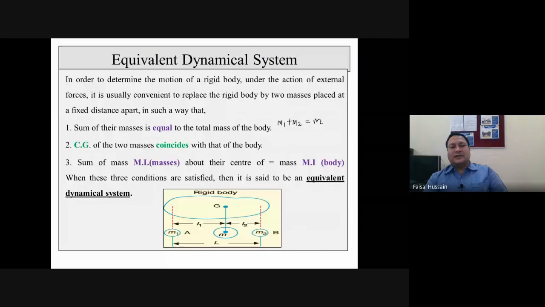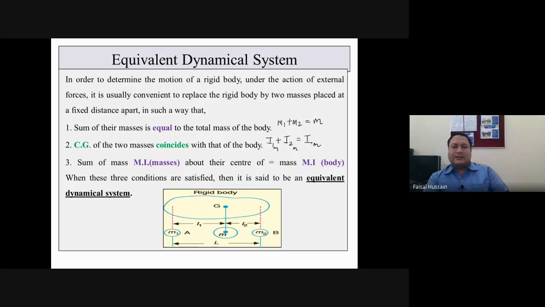The third condition is sum of moment of inertia of the masses about their center should be equal to the moment of inertia of the body. It means that moment of inertia I1 plus moment of inertia I2 should be equal to the total mass moment of inertia of the body. This is I1m, this is I2m, and this is Im.